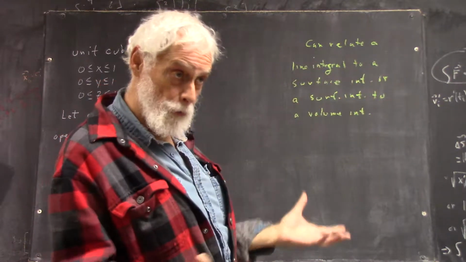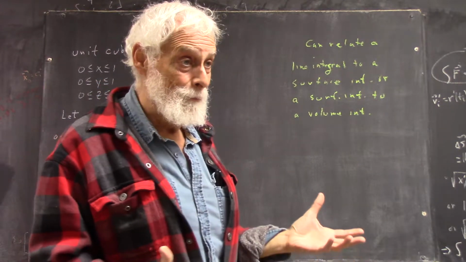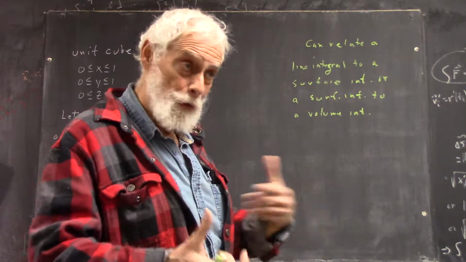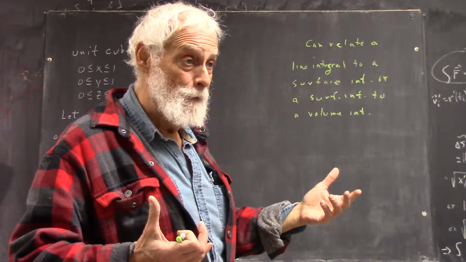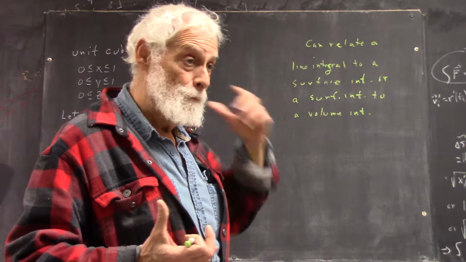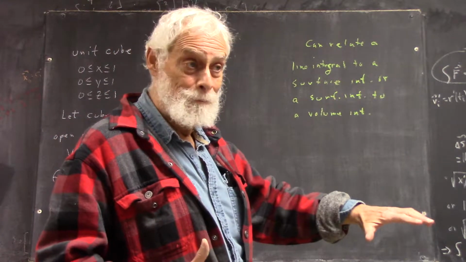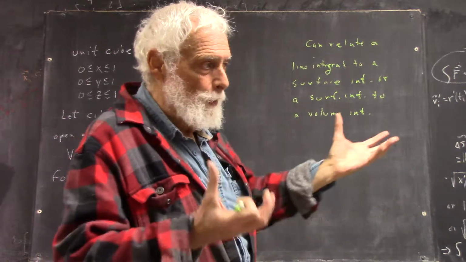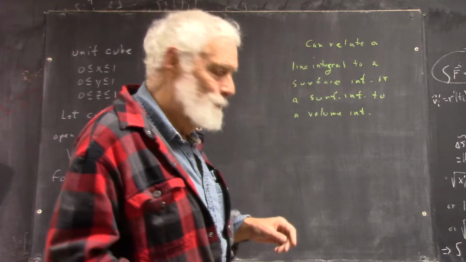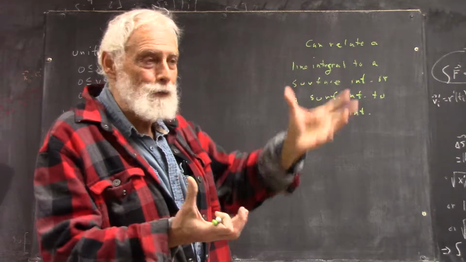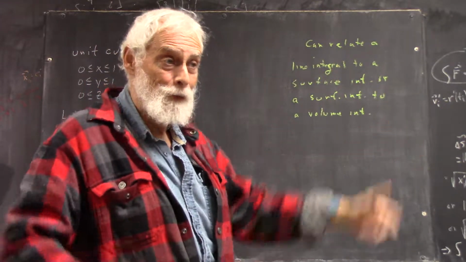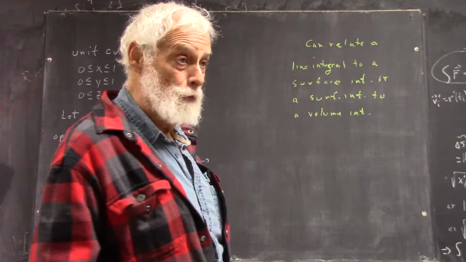Stokes' theorem kind of generalizes Green's theorem, one form of Green's theorem. Green's theorem is for 2 dimensions, right? It's for a boundary of a region in the plane. You kind of blow that up into a surface, you deform the thing into a surface, and you get a version of Stokes' theorem, okay?